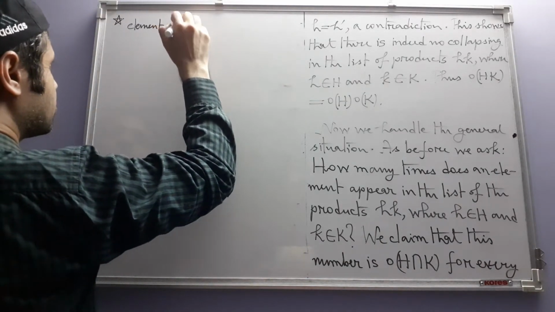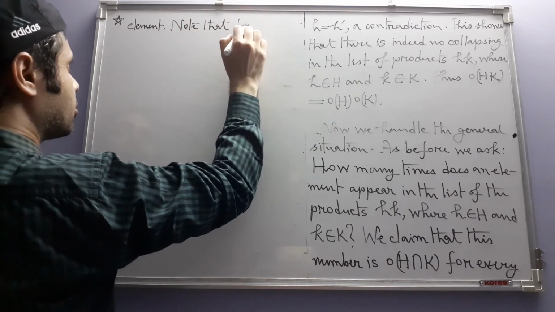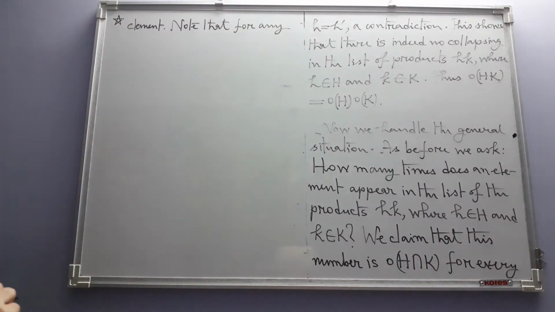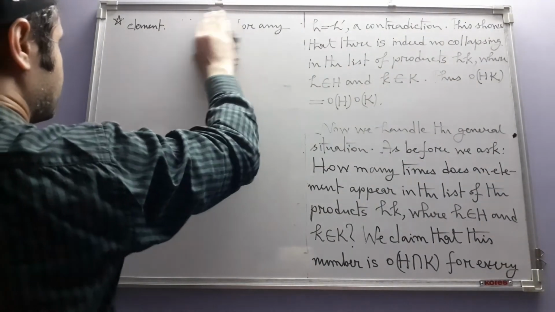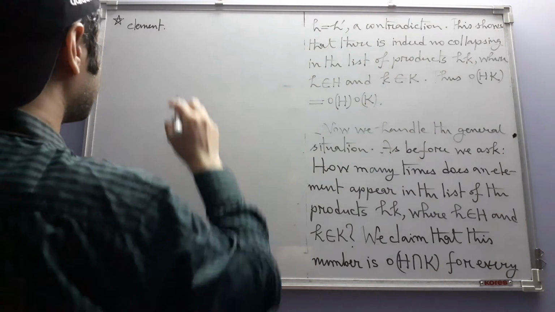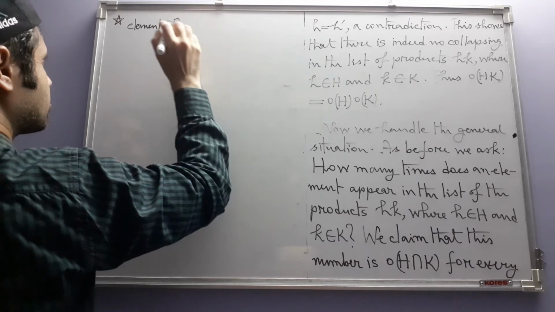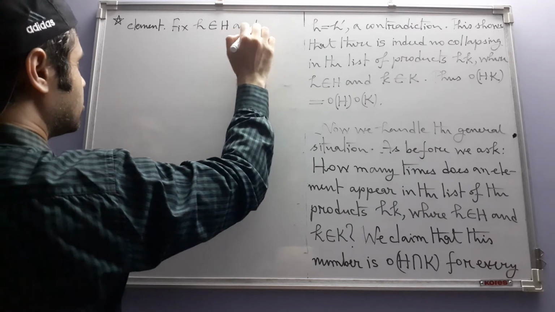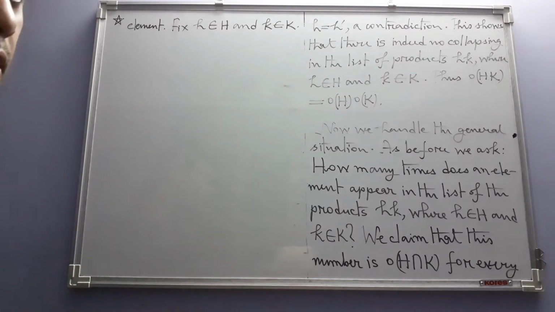Note that, instead of writing it vaguely like this, let us first choose some element here. Fix h belonging to H and k belonging to K, which by the way are arbitrary elements, but we are fixing them for now.